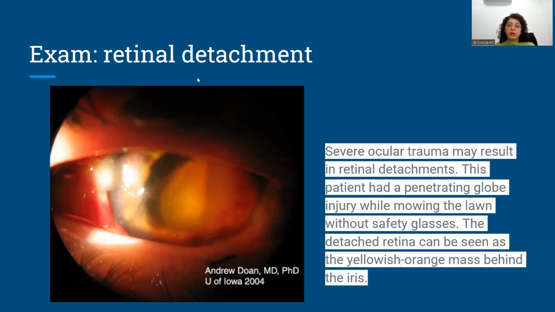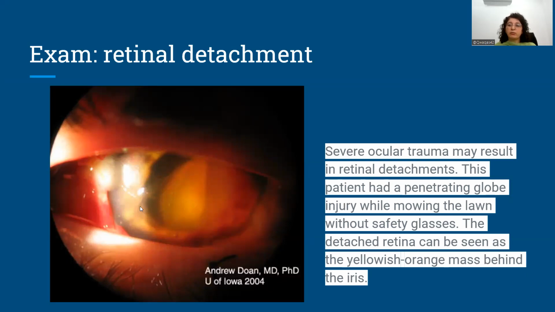Finally, we come to one of the more dreaded parts of the eye exam, and that is when you notice a retinal detachment. A severe ocular trauma may cause the retina to tear and detach. In this particular patient, they had a penetrating globe injury while they were mowing the lawn, and you can see an entry wound over here.